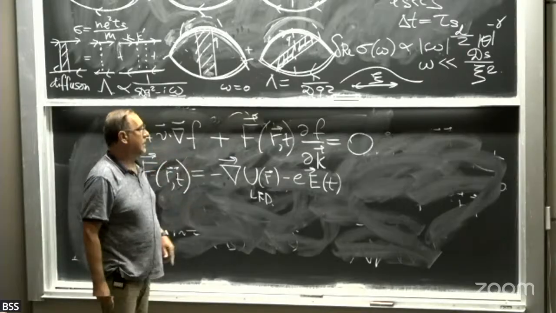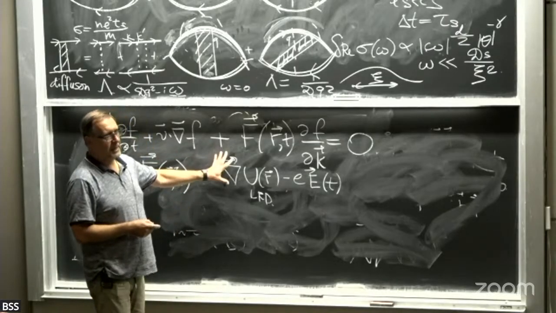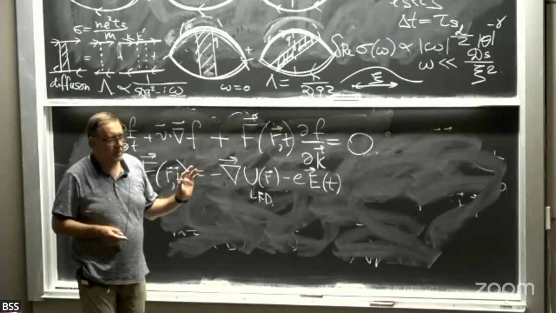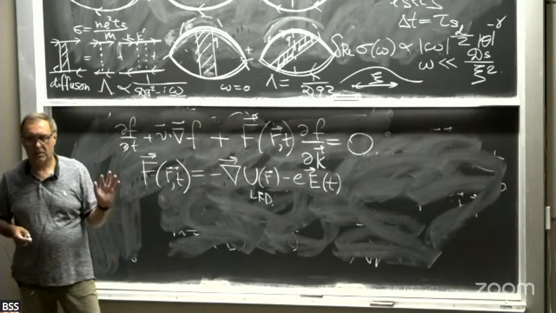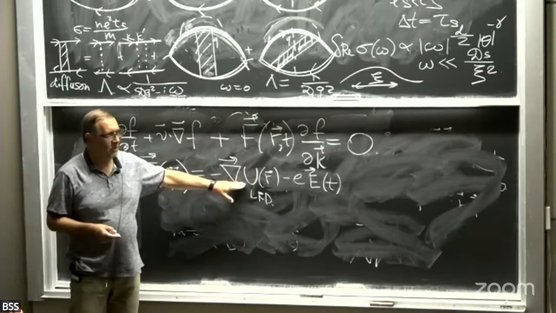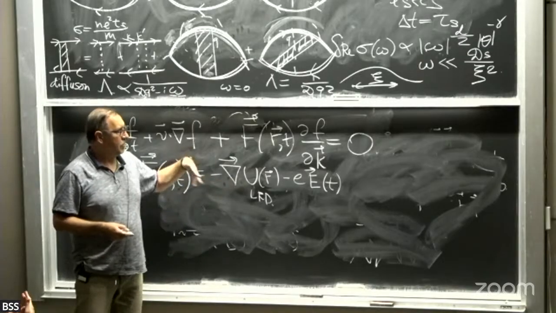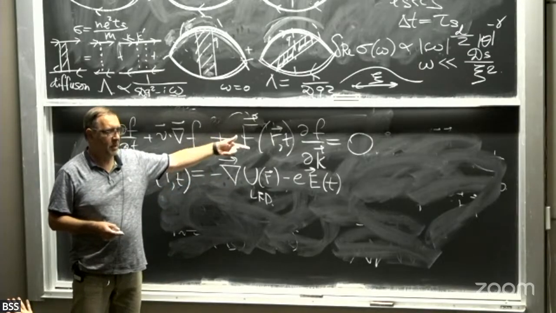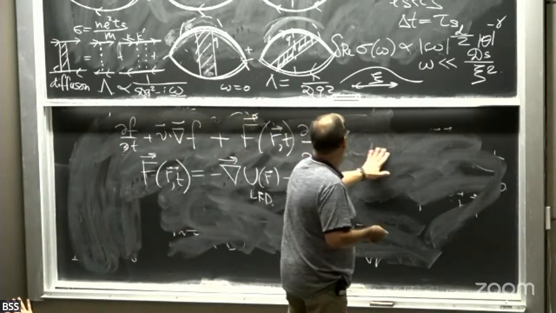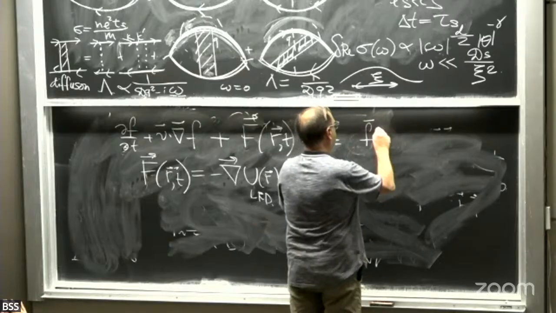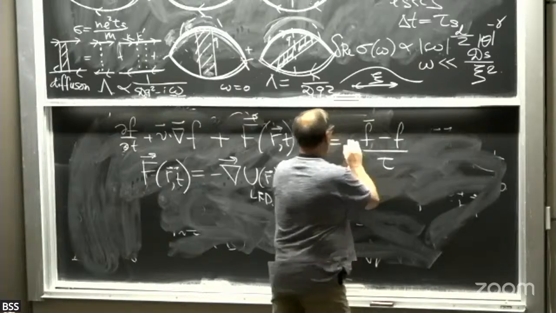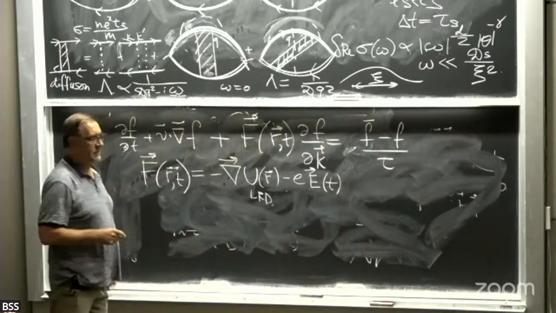And then, well, this is exact, but then I will say, okay, I also have short-range disorder, and I will average over the fluctuations of short-range nature without doing anything to long-range. When we average over fluctuations, we do end up with some kind of a collision integral, and I will recover the collision integral in the form correct for point-like impurities on the right-hand side.